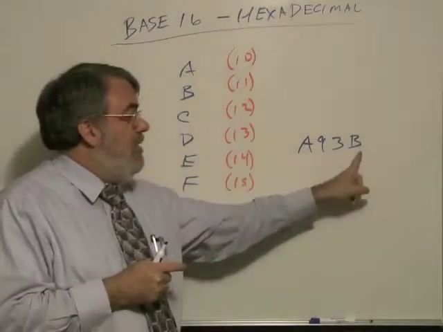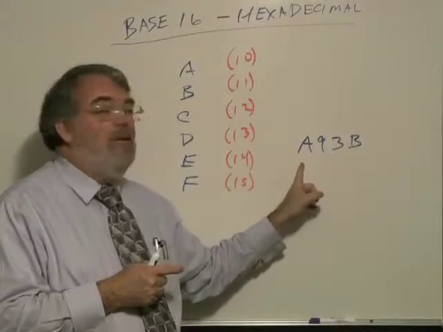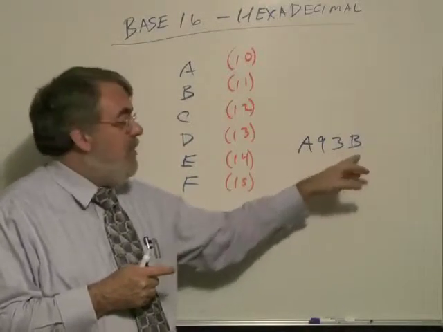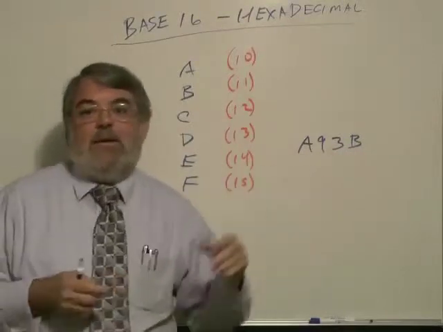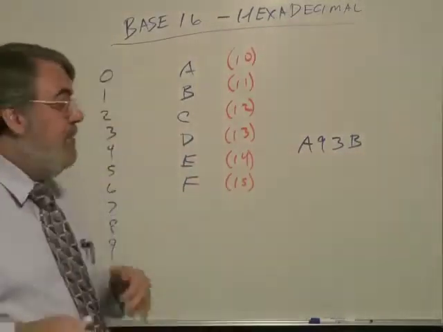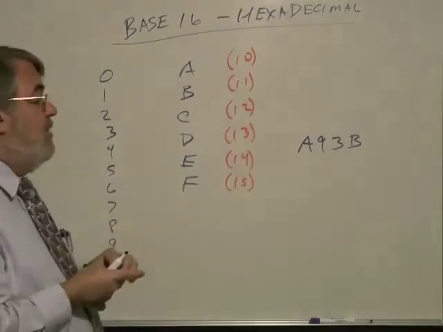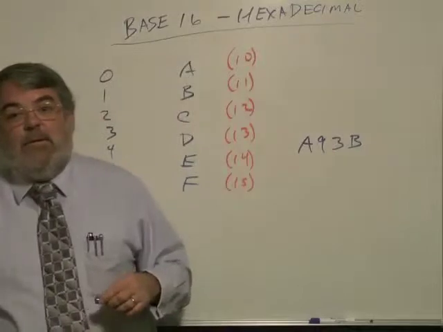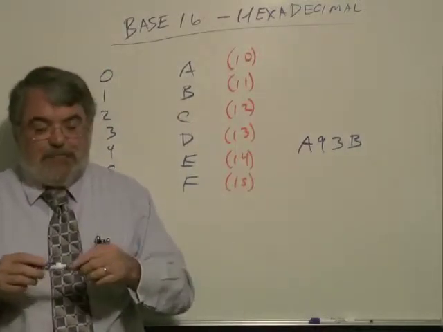And so 4 of these place values would require 4 plus 4 plus 4 plus 4, 16 binary numbers to represent.